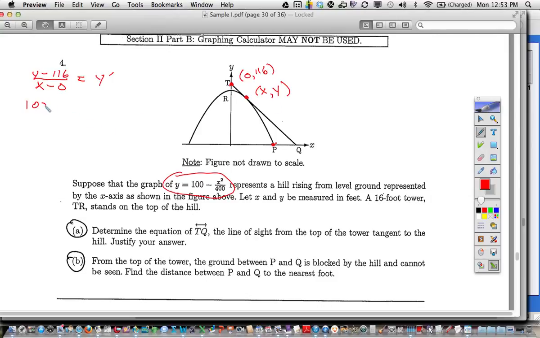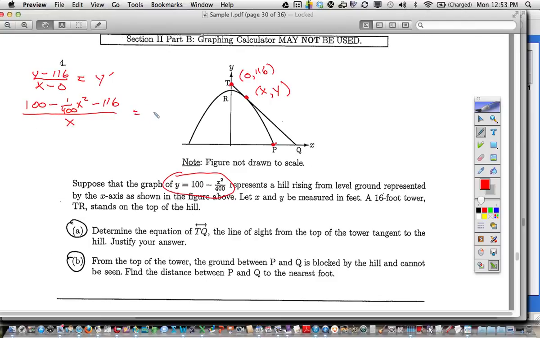So we go 100 minus, I would write that as 1/400th x squared. You guys know how I don't like writing that divide there, because then people start thinking of quotient rule and crazy stuff like that that shouldn't even be a part of that. It's just 1/400th times x squared. So there's y minus 1/16 all over x.